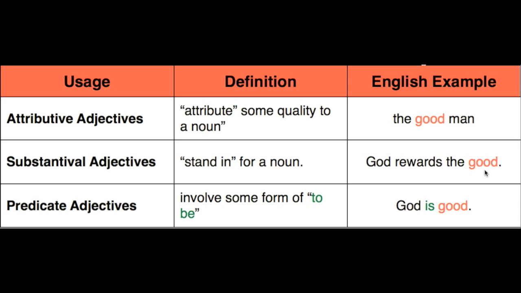The good what? The good elephants? No, probably not elephants. It's assumed by the context here that you can know what the noun is. Good people, right? Or predicate adjectives where you have some form of to be. So, for example, God is good. We're predicating or telling something about God with this to-be verb.